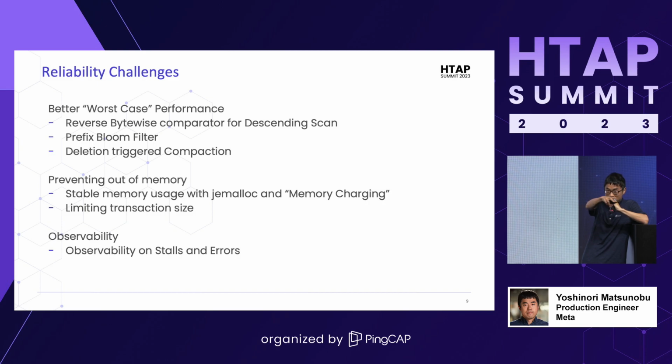Even if the workload uses very little CPU or is stable for 99% of the time, if the machine hits 100% CPU, running out of CPU for 1 minute, that negatively affects the user's experience. So we wanted to avoid that and provide better worst-case performance, so that we can provide a good experience for users' queries.